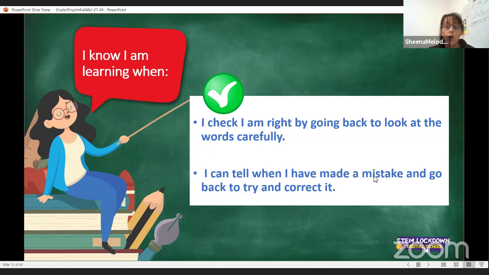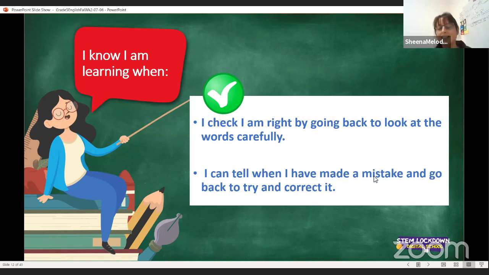That shows you are learning. Yes, you have a question? So the sentence says, I'm checking I'm right by going back to look for words carefully.